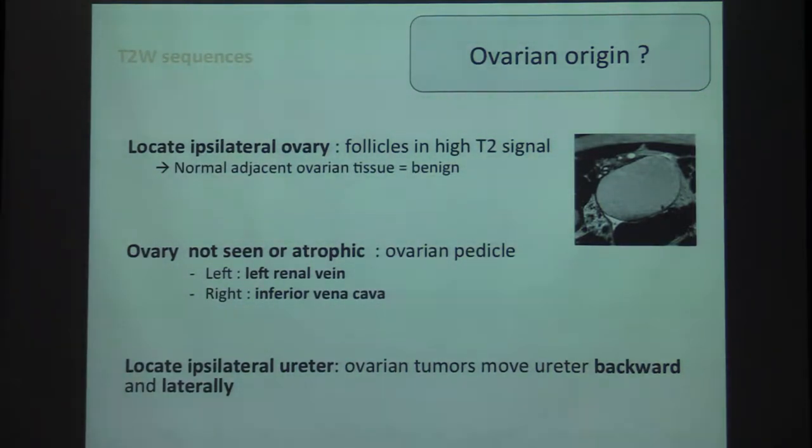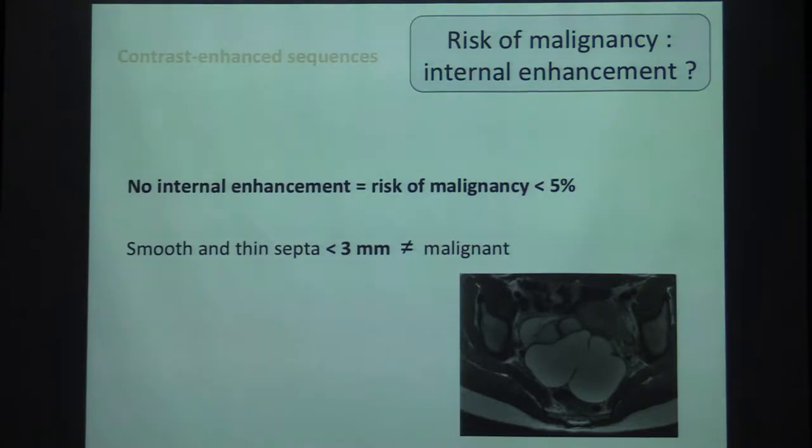On the left side, it arises from the left renal vein, and on the right side, from the inferior vena cava, as you all know. There is a third sign that can help you: locating the ipsilateral ureter, because ovarian tumors move the ureter backward and laterally.